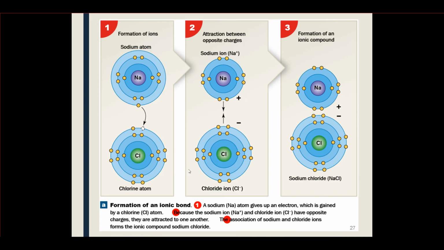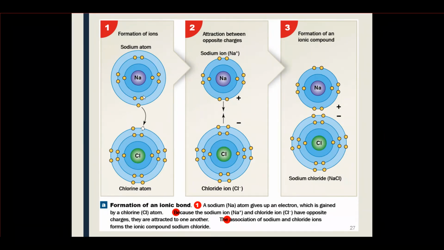So let's take a look at sodium chloride. We'll go through this nice and easy. Up top is a sodium. How do I know that? Na. If you take a look at its atomic number, if you have your periodic table out, its atomic number is 11. So that tells us how many electrons? 11. Ready? 1, 2 are always in the first shell. It can't hold any more.